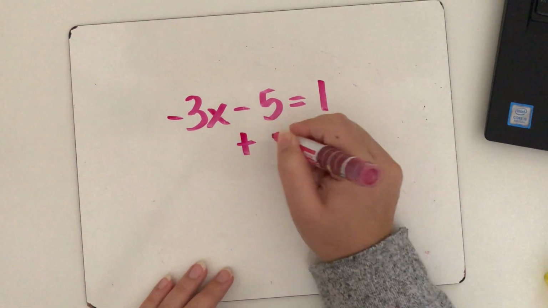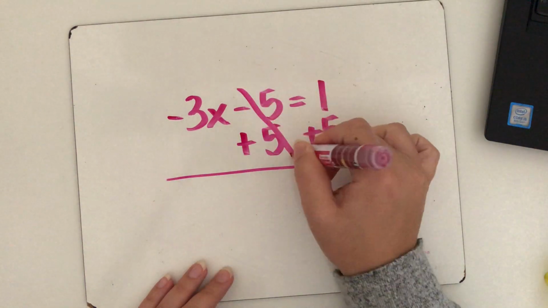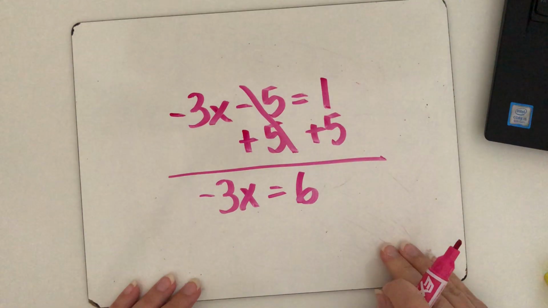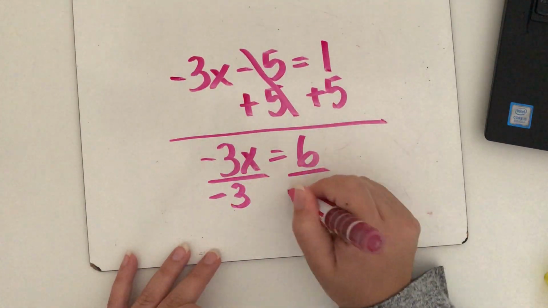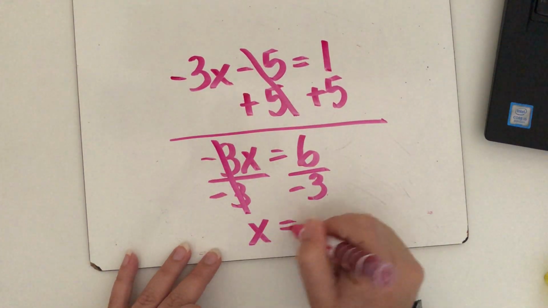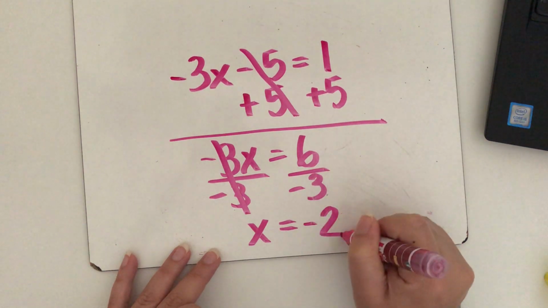So I'm going to move this 5 to the other side by using my inverse operations. I get negative 3x equals 6. So that means now I get to divide both sides by a negative 3. That goes away and I'm left with x. 6 divided by negative 3 is going to give me a negative 2.